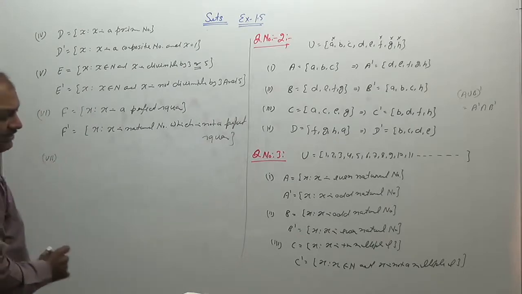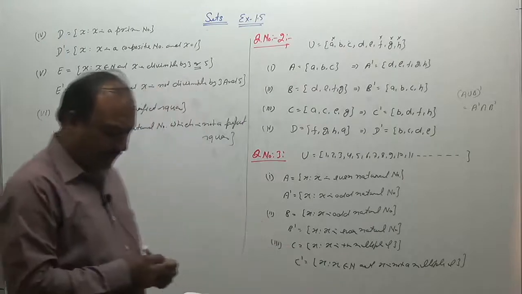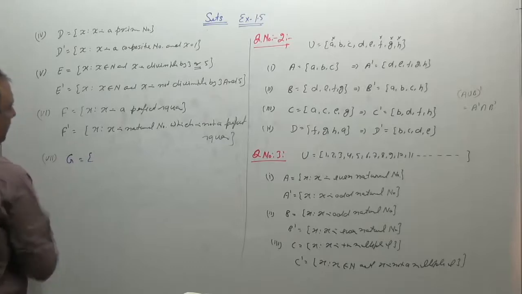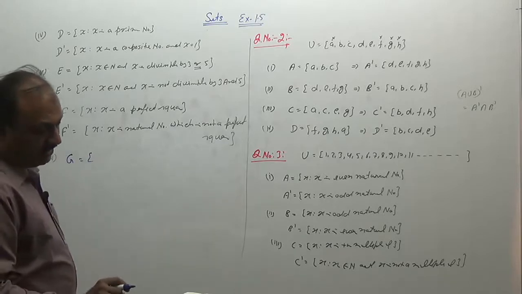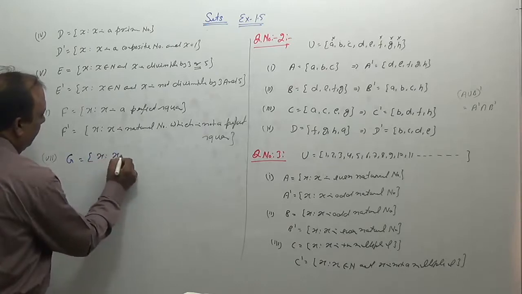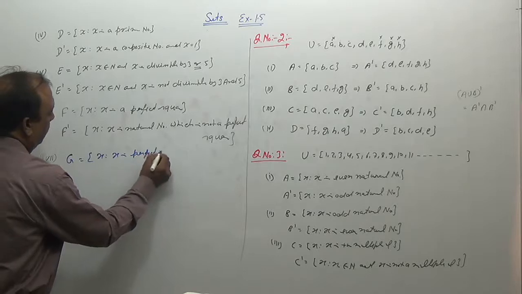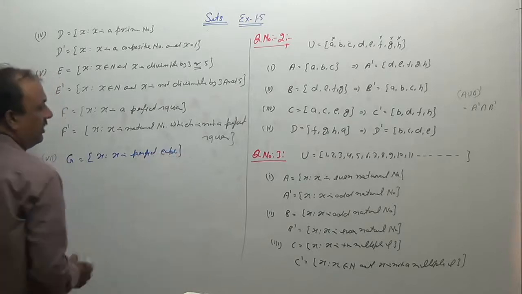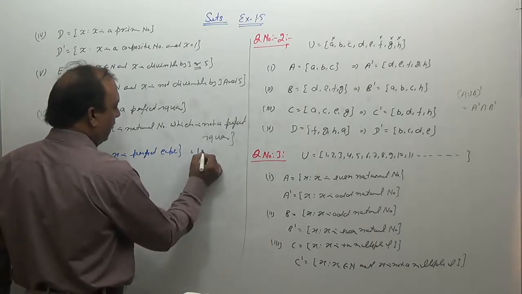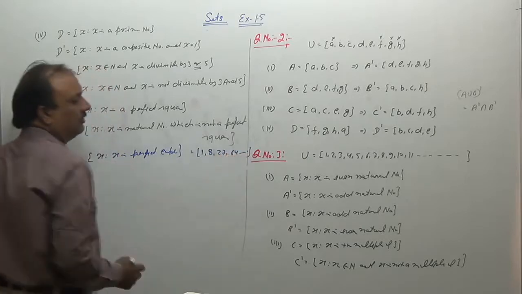Now seventh part is, in the seventh part this set is denoted by G, X such that X is a perfect cube. This contains the cubes, that is 1, 2 का cube 8, 27 and 64 and so on.